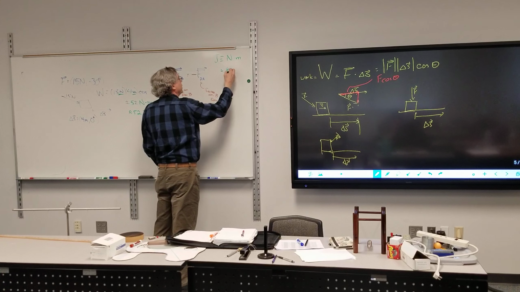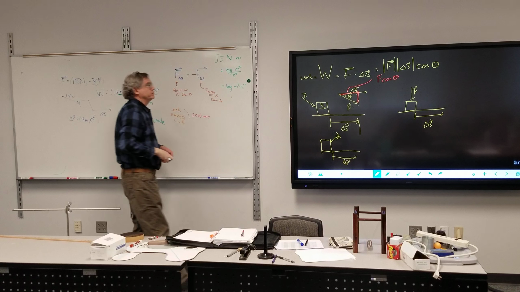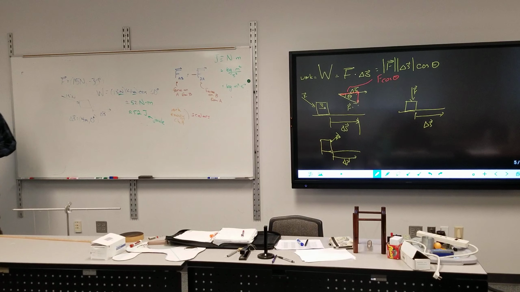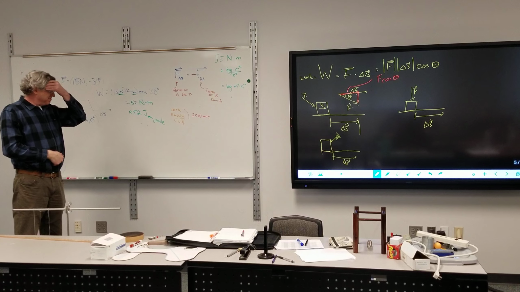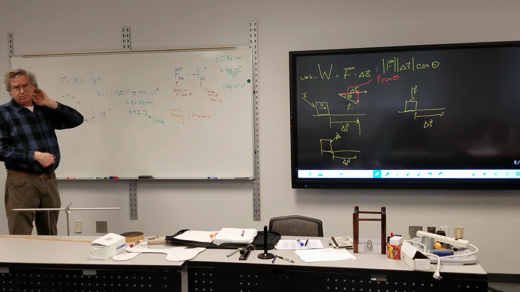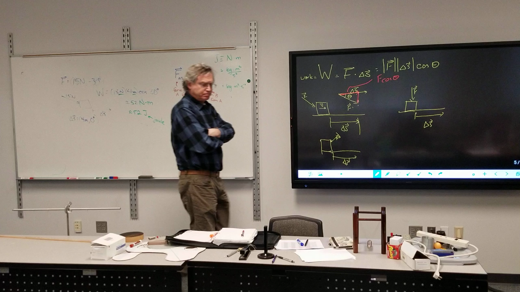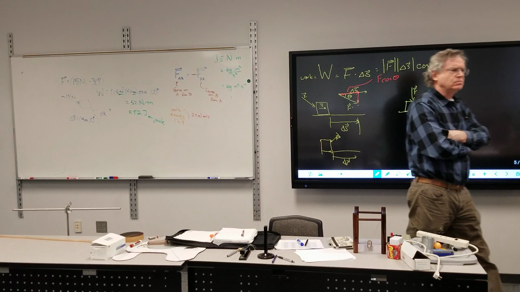Or a kilogram meter squared per second squared. Or kilogram meter squared seconds to the negative 2. Now later on when we get to chapters 9 and 10, Newton meter will not be equal to a joule. So it depends upon context. Questions up to here?